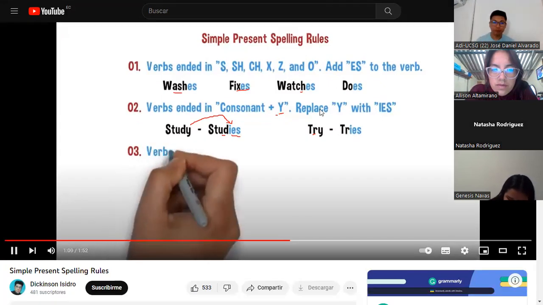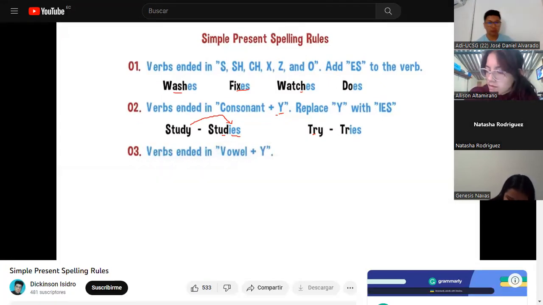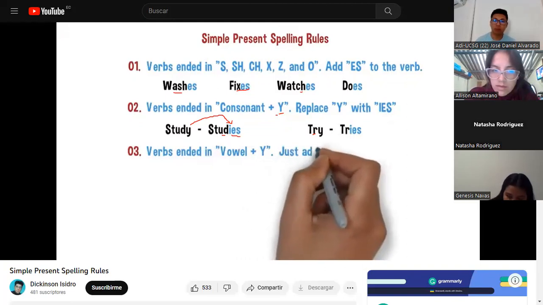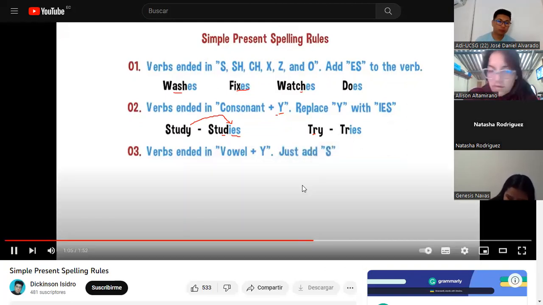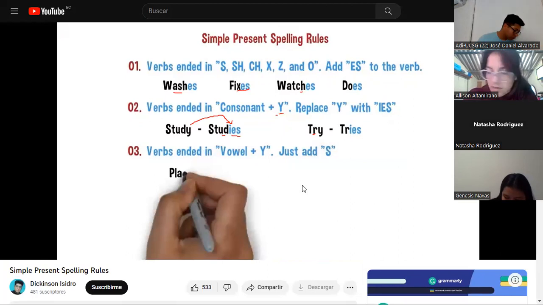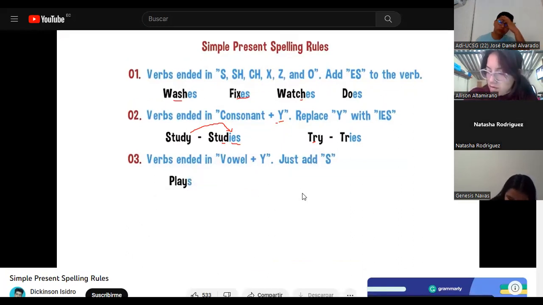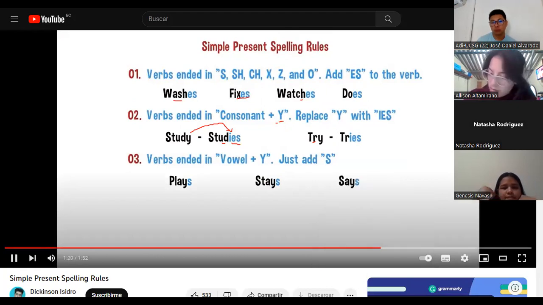Number 3. Verbs ended in vowel plus Y. Just add S. Play, plays. Stay, stays. Say, says.